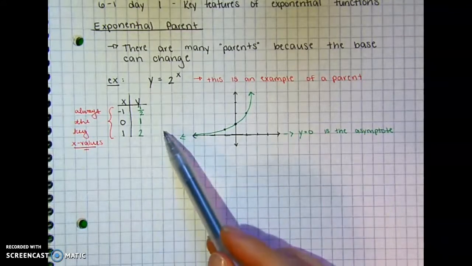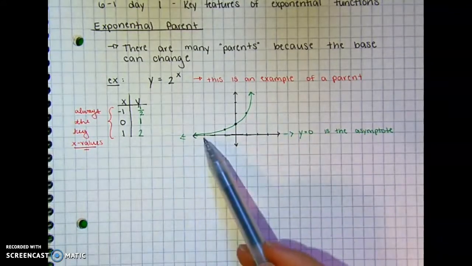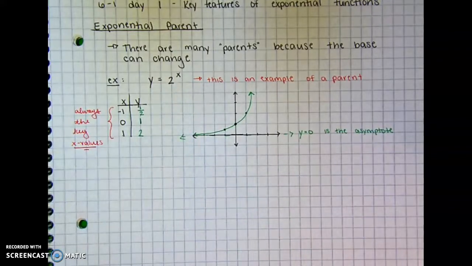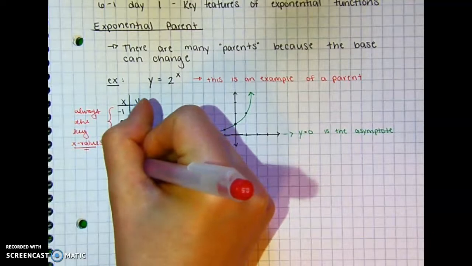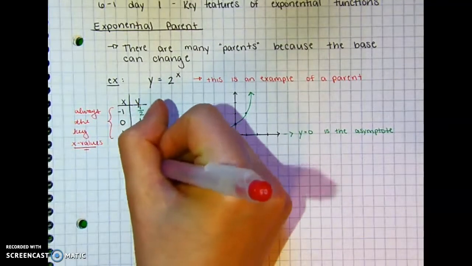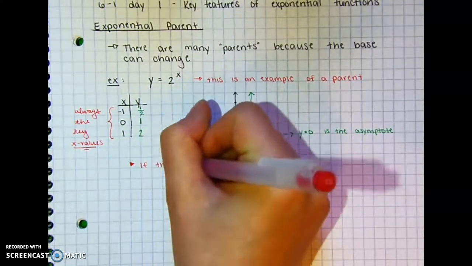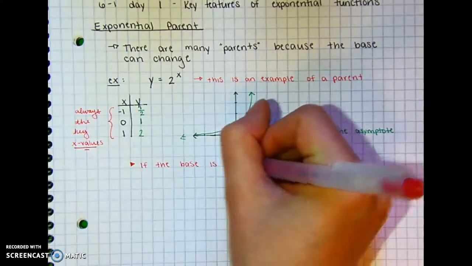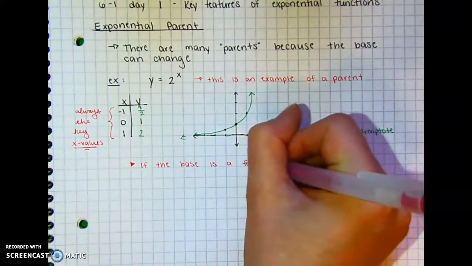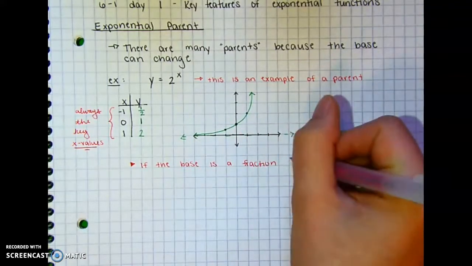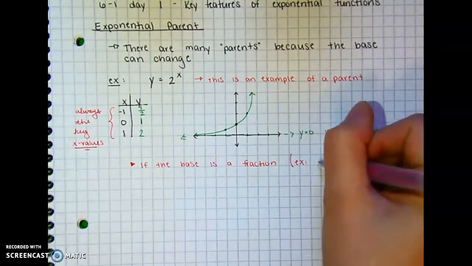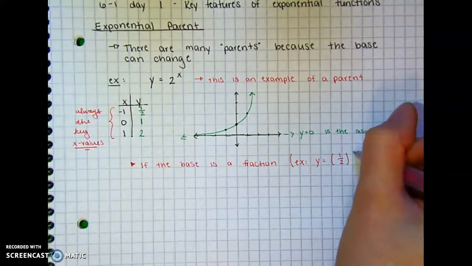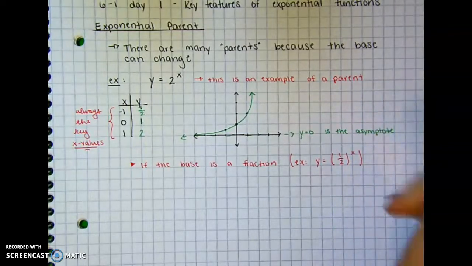This parent is representing an exponential growth because the base is 2. If the base is a fraction, for example, y equals 1/2 to the power of x, right?